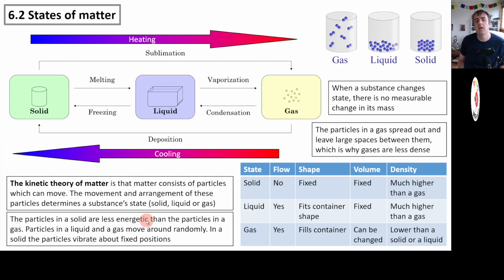If you are educated in some parts of the world, you will learn that the process of a liquid turning into a solid is called solidification. And they will reserve the words freezing and melting for when we're using water.